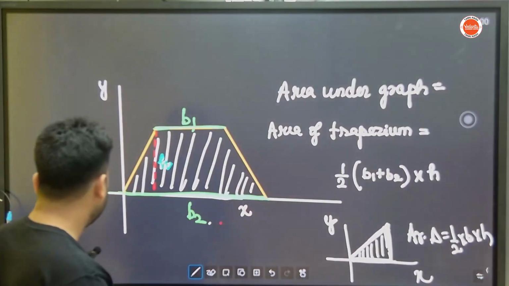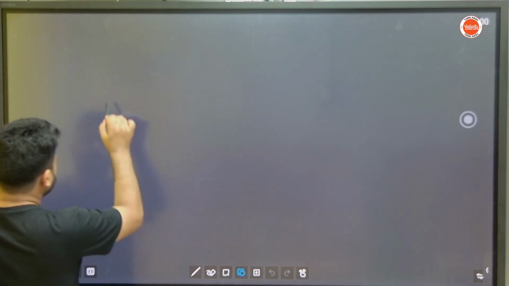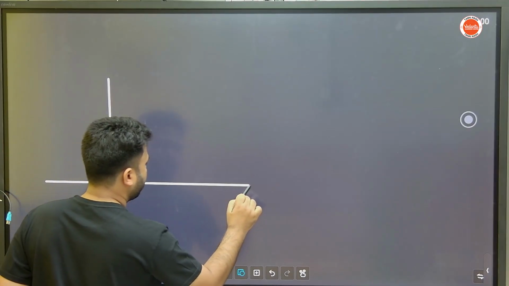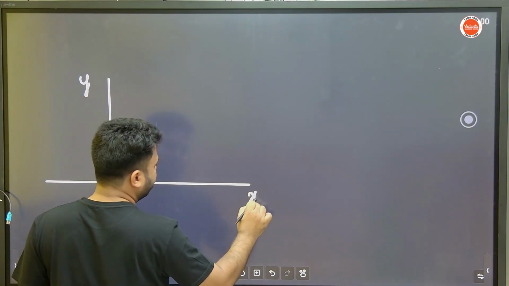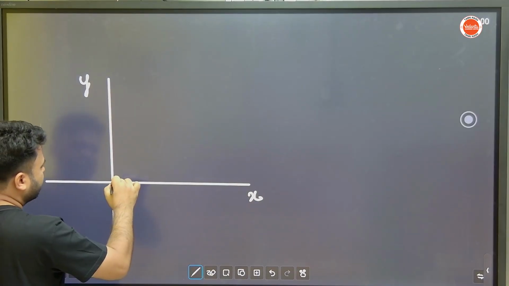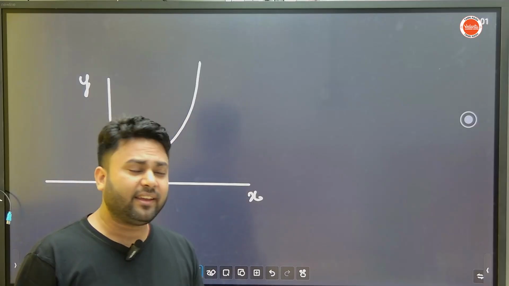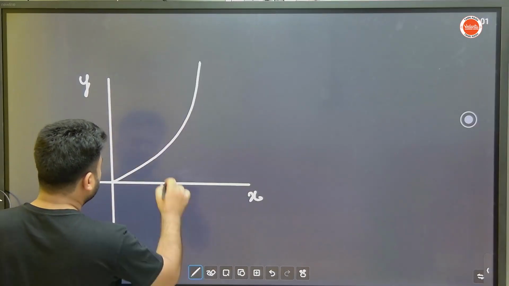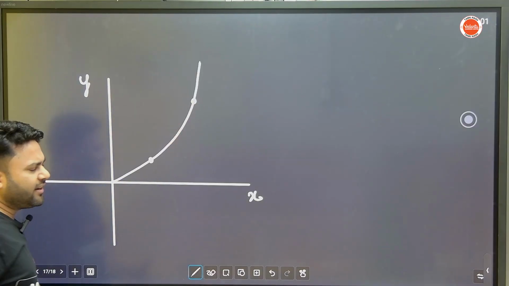But what if there is a curve, like this is the y axis, this is the x axis. Again they ask, there is a curve, what is the area? Like suppose from this point to this point, they can ask from anywhere.